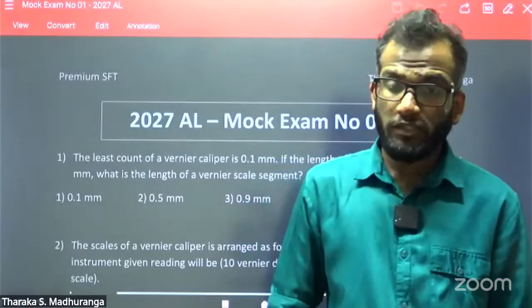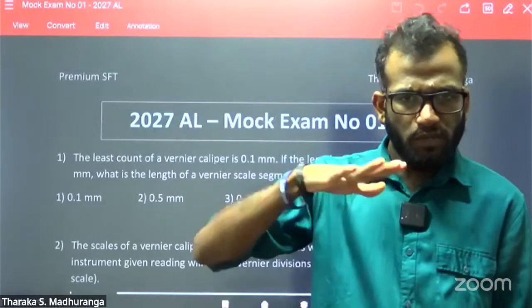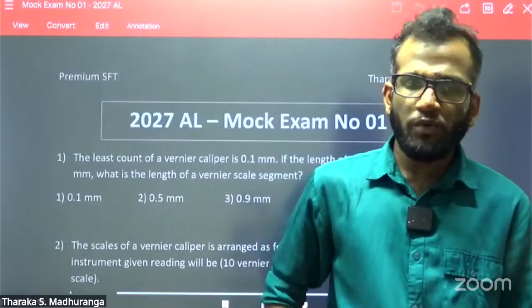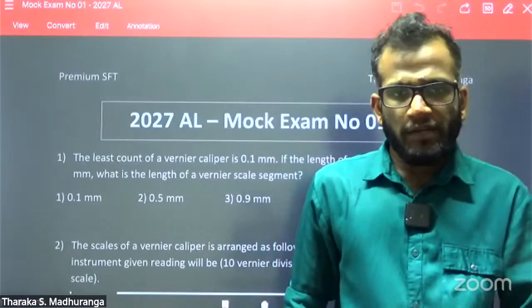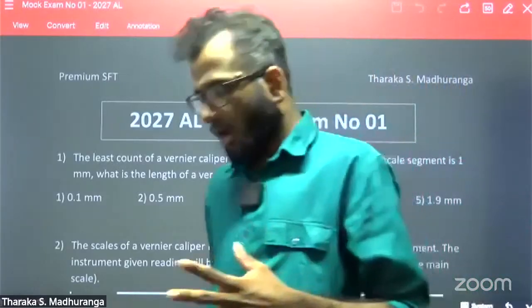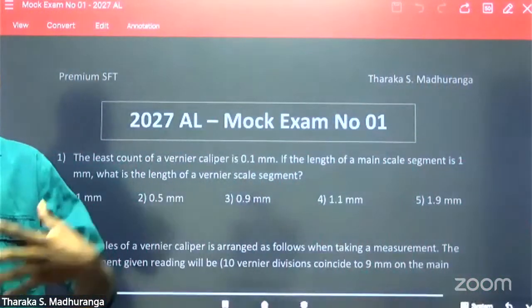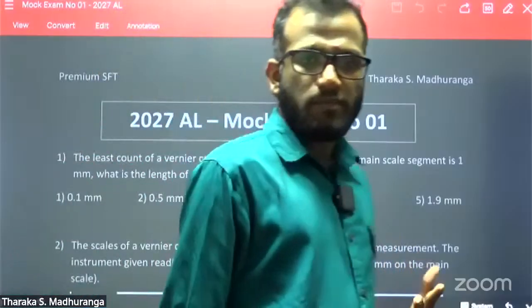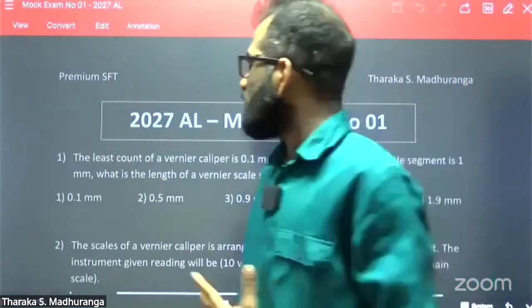They are very good, but if you got less than 20, now you know your working pattern, and whatever the problem is, you can identify it and work for the next exam. Okay, question number 1.